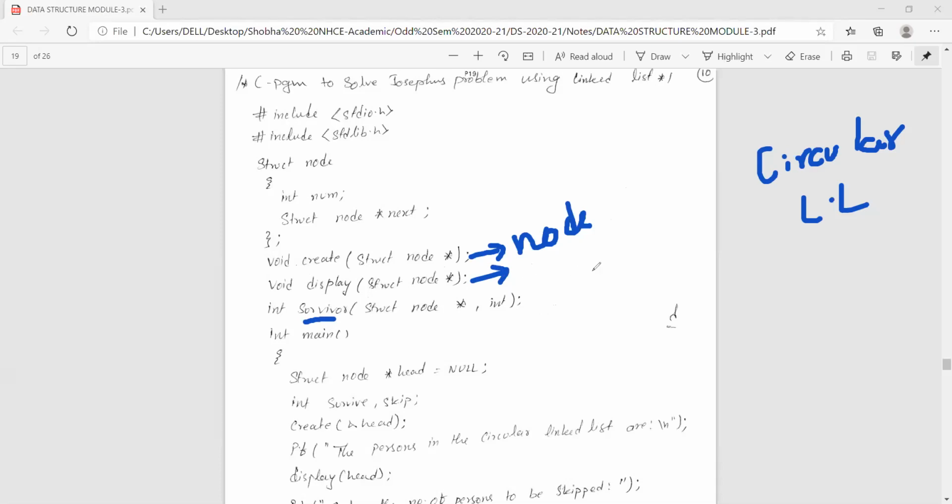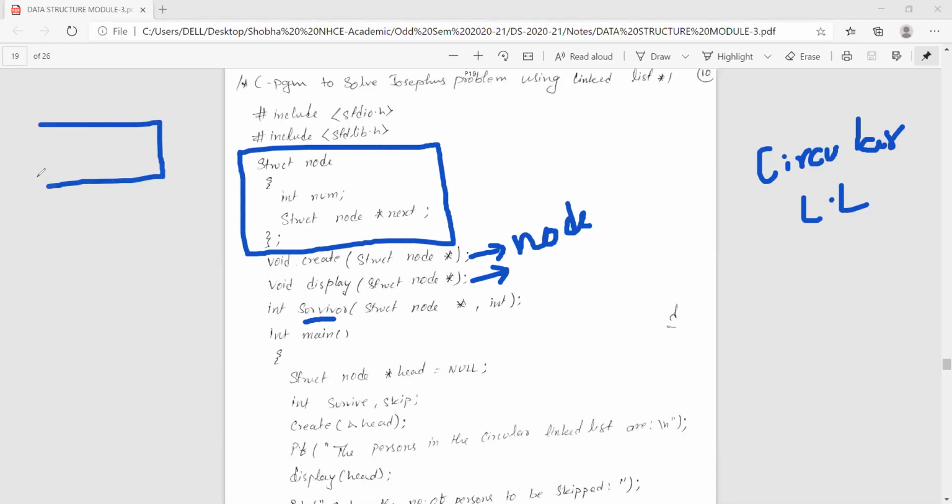Globally you are declaring all these functions, and very important, as I was continuously telling, any linked list program will have the structure node definition. The node has only two parts, as it is a singly linked circular list.